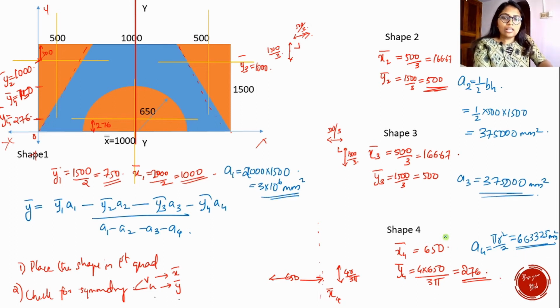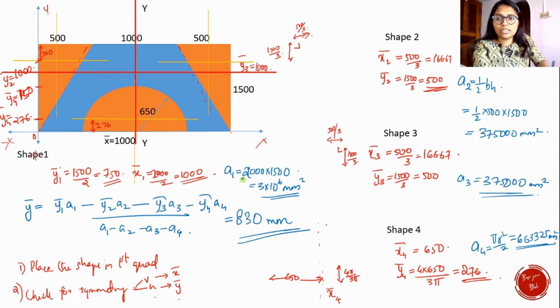Okay, now collect everything over here and remember you must put y1 bar, y2 bar, y3 bar, y4 bar taken from the coordinate system and not from the individual calculations. Okay, so altogether you will get your y bar as 830 millimeter.